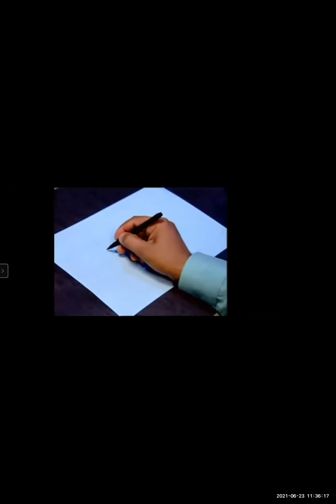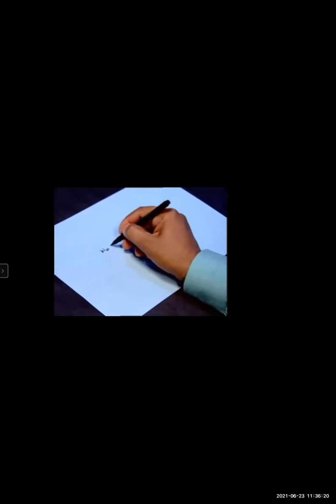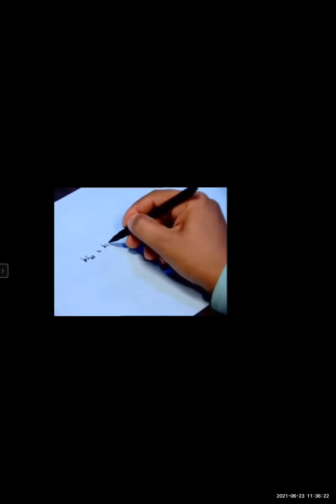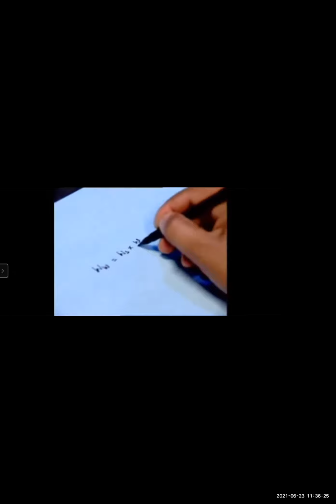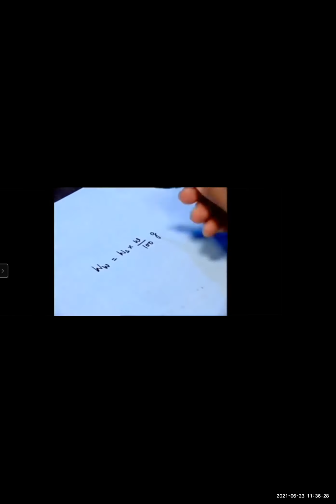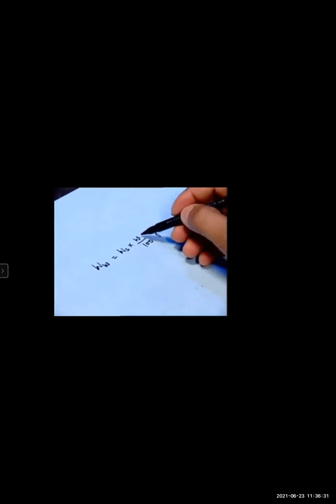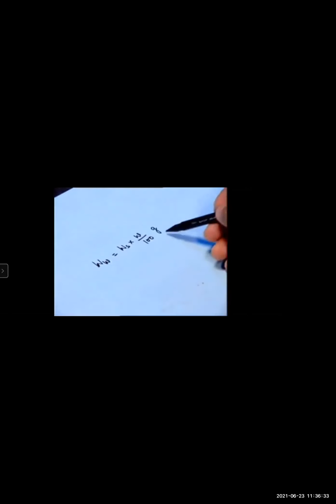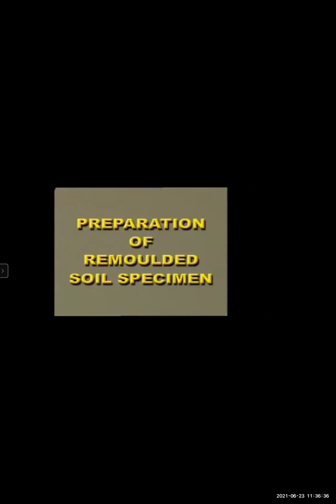So weight is gamma D into V, that is gamma D into A into H. The area of sampler is known, so with the help of this known area, we can find the volume and gamma D. Weight of water is also calculated by the formula Ws into w by 100 gram, where w is the percentage water content and Ws is the weight of solids.